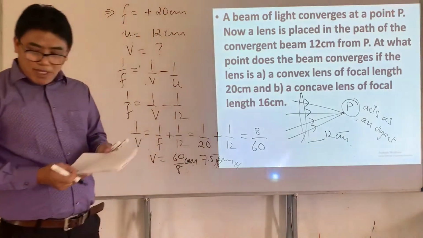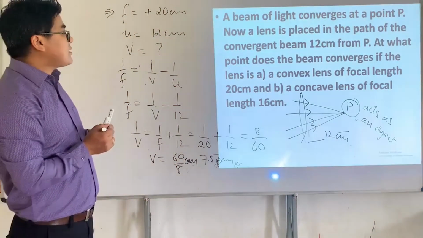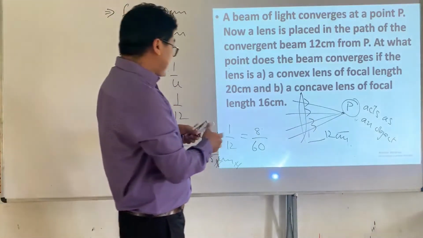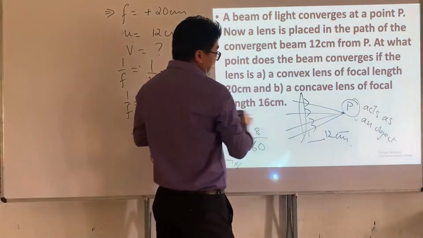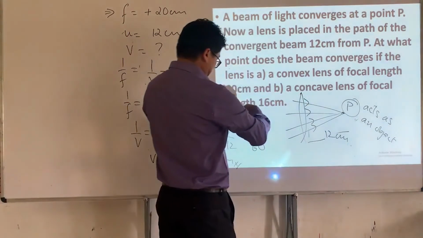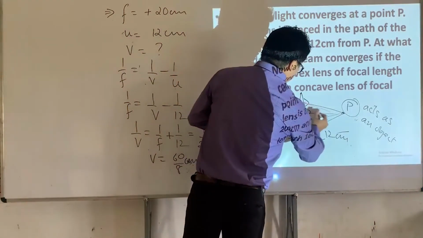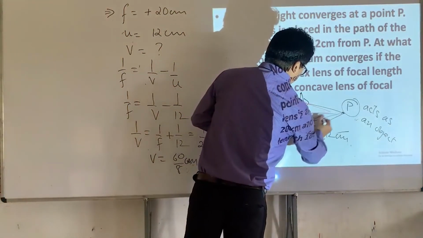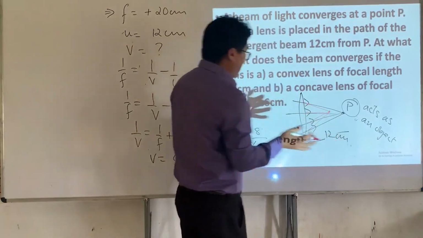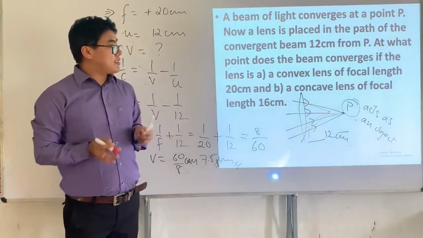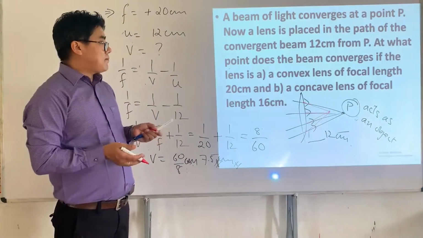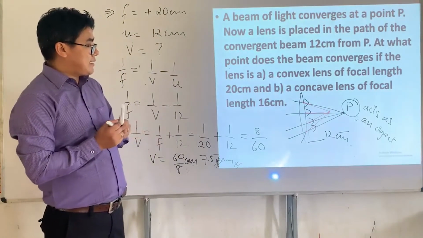So this is the answer V. This has to be so. Why? Because this is converging in nature. This will further converge. Because it converges, it further converges. This lens further converges the beam of light.